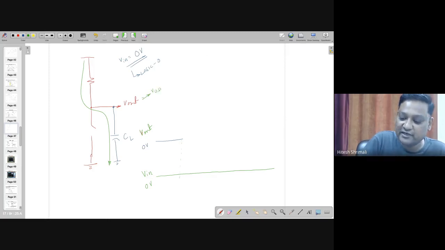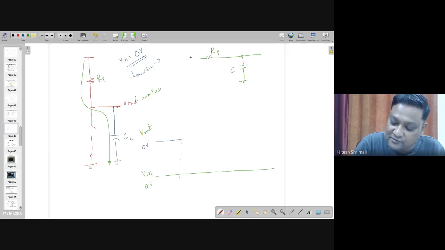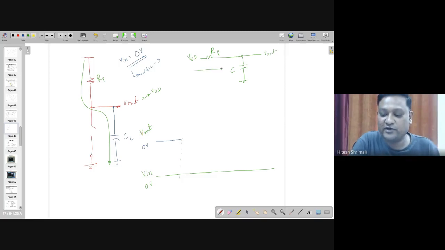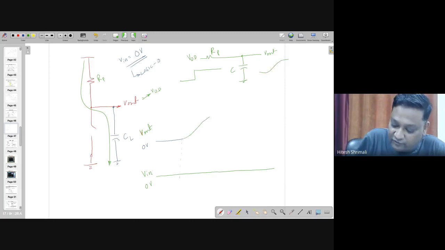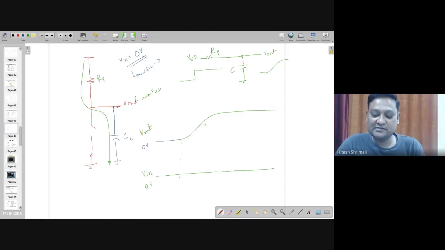If you remove this switch, it looks exactly like this one. That's why we are always studying RC circuits. Here there is VDD and here it's Vout. VDD has to transfer over here. It becomes 1 after some time, following something like this. Notably, this time constant will be 0.69 RP times CL.